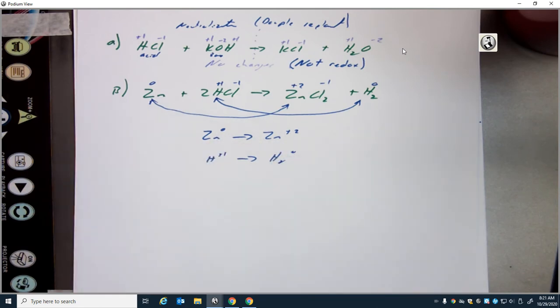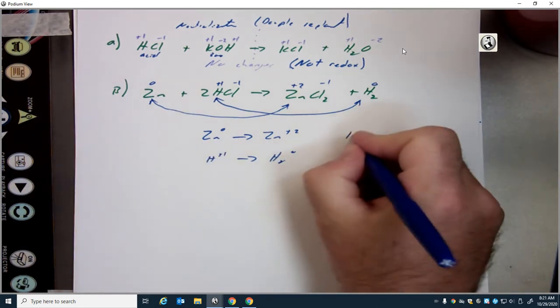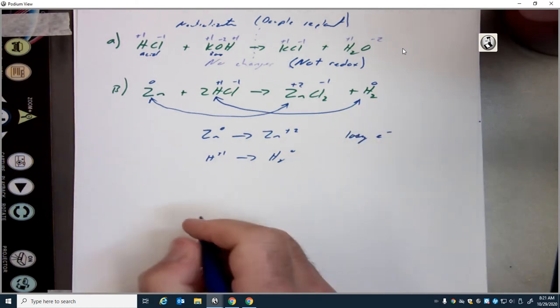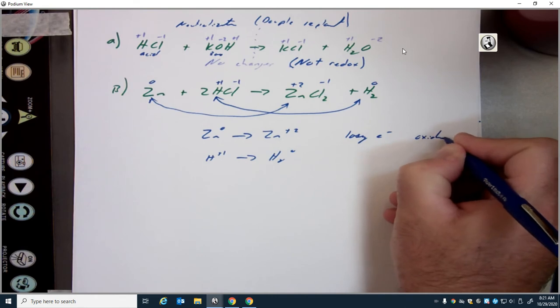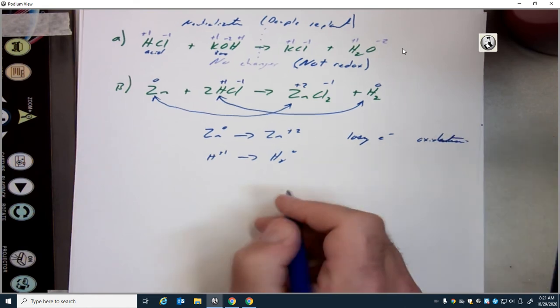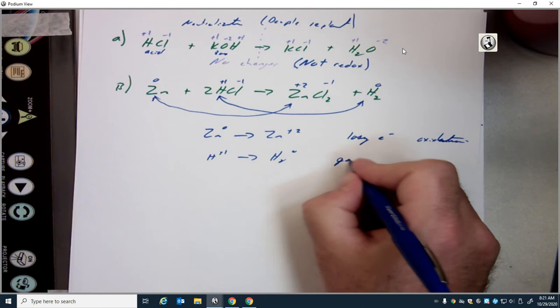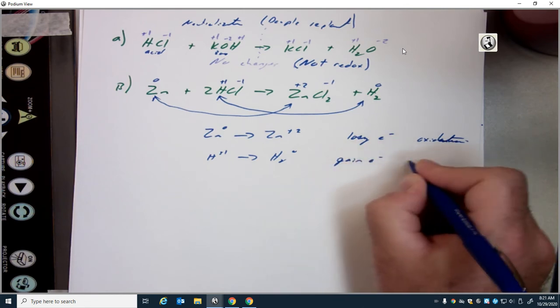Well, 0 to +2, that's losing electrons, which is oxidation. +1 to 0 is a gain of electrons, which means it's reduction.